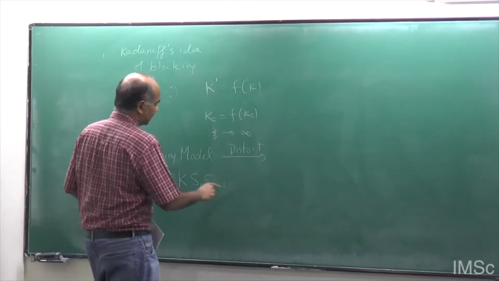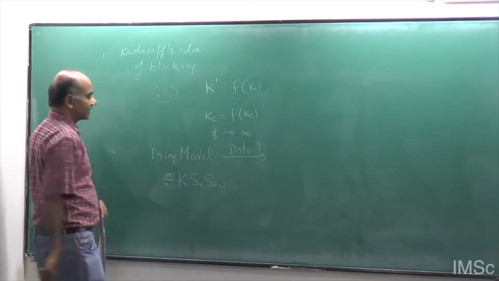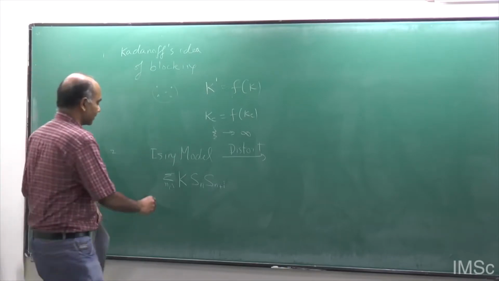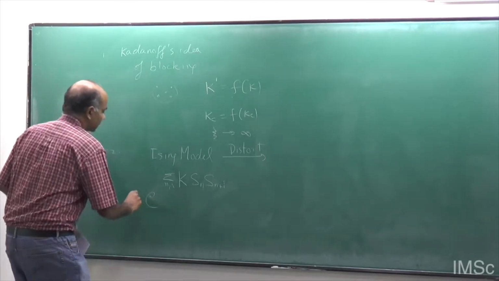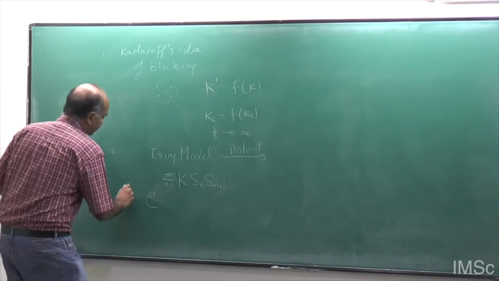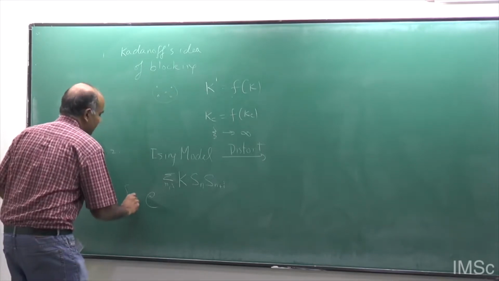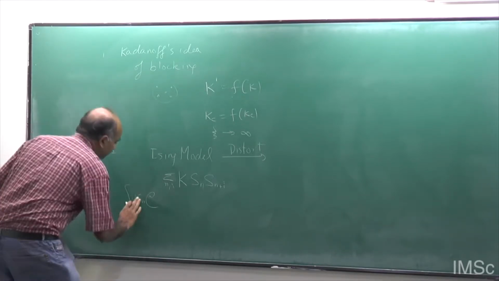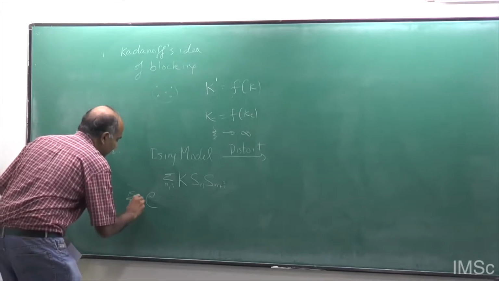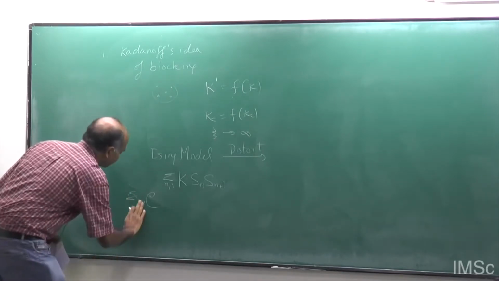So these are the spins at neighboring sites in all directions. So the model is basically this partition function, integral over all spins. Or since it's a continuous variable, I can write sum over all spins. Put it here.